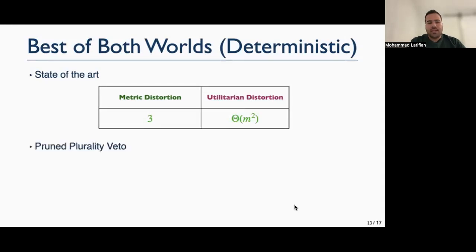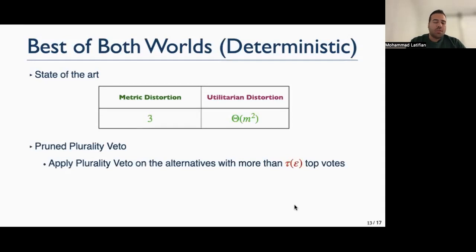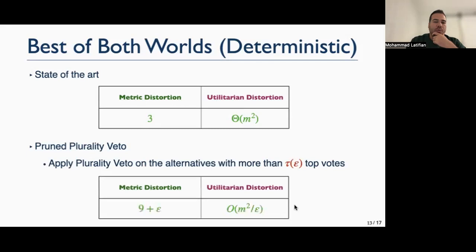Here we design a rule called pruned plurality veto, a simple rule that prunes some of the candidates based on a fixed constant epsilon, according to their number of top votes, and then runs plurality veto on the remaining candidates. We show that this rule gets metric distortion of 9 plus epsilon, while having utilitarian distortion of m squared over epsilon. So we can asymptotically get the best of both worlds in the deterministic case.